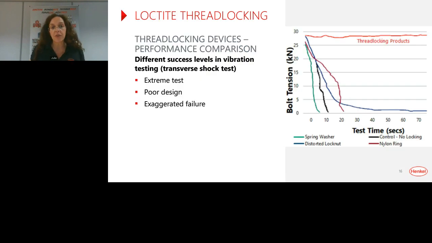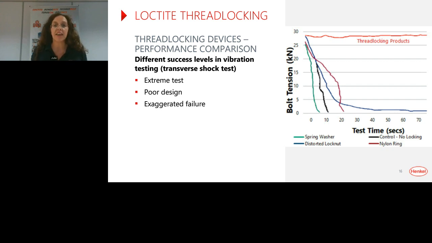We've got a graph here that tries to quantify the difference between these different systems. So we've got time along the bottom and we've got bolt tension on the y-axis. Now this is a very extreme test. It's a sliding force test and it forces failure. So we wouldn't expect any assembly to fail in a matter of seconds like this graph shows, but it's just an extreme test to show what will eventually happen.